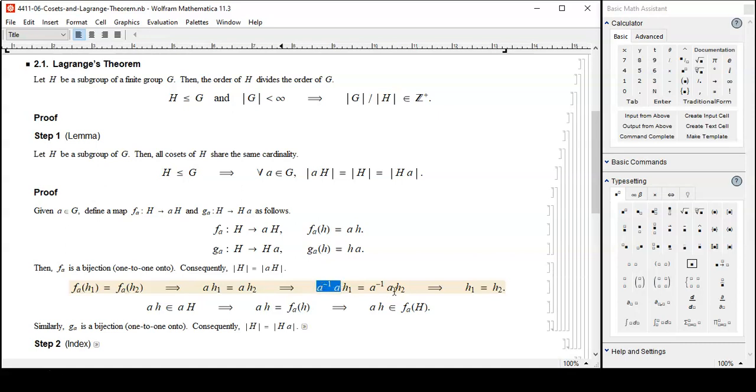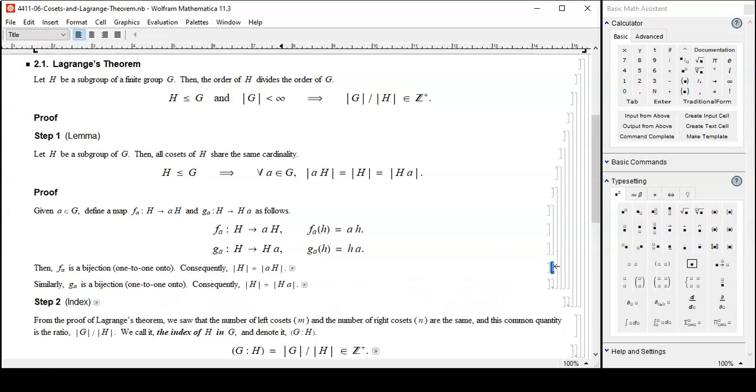Multiply by the inverse. Yes, we are talking about a group, so the inverse always exists. Cancel out and we get h1 is equal to h2. That proves that this map F_A is an injection as well. So one-to-one and onto, so we have a bijection, so we have to have the same cardinality.